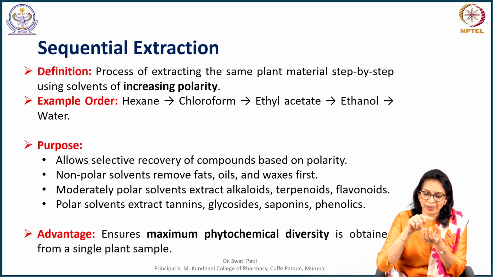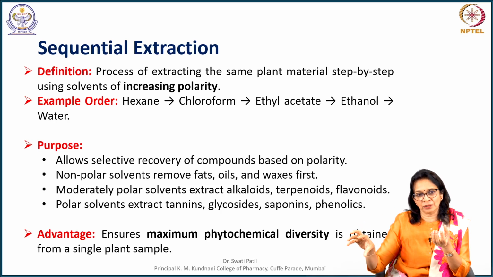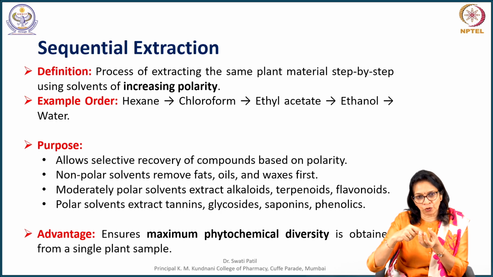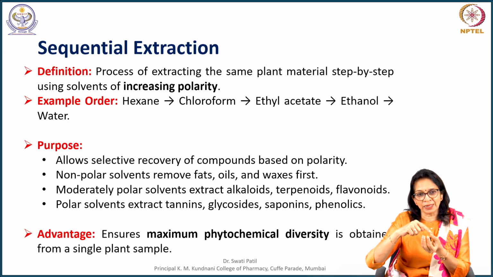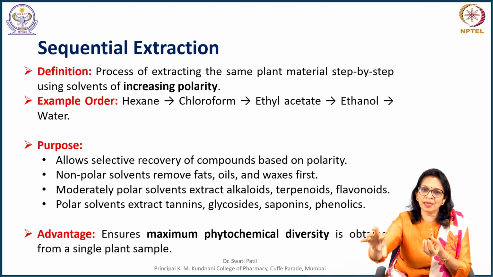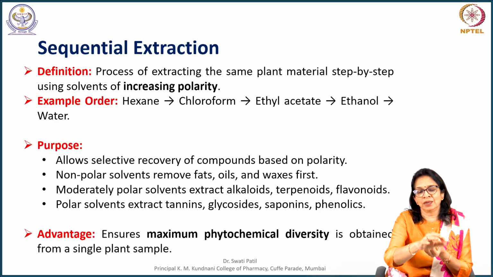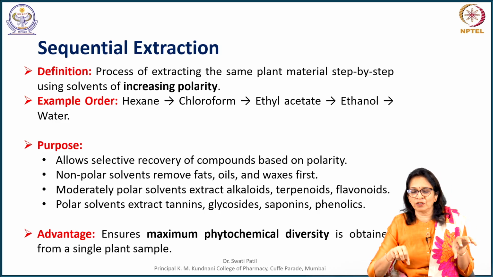You first add hexane, extract, and separate the hexane fraction, keep it aside. To the same plant material, you add chloroform, keep the chloroform fraction aside. Then you add ethyl acetate, keep the ethyl acetate fraction aside. You add ethanol, separate the ethanol fraction, and finally you add water and retain this water fraction.